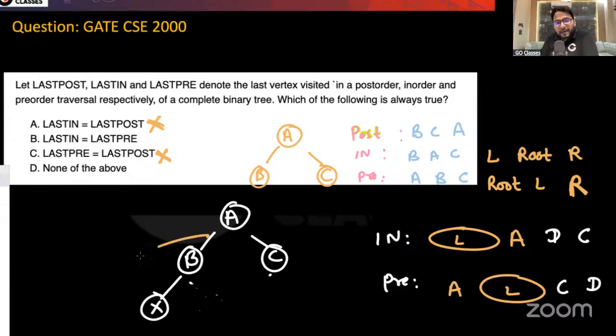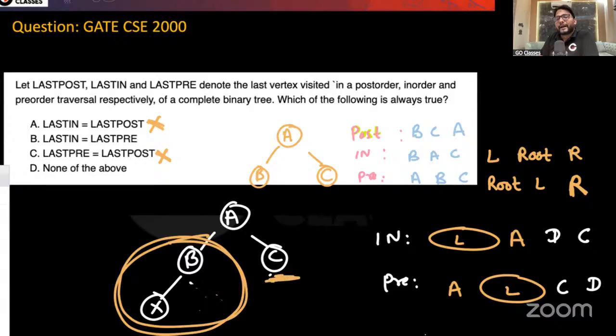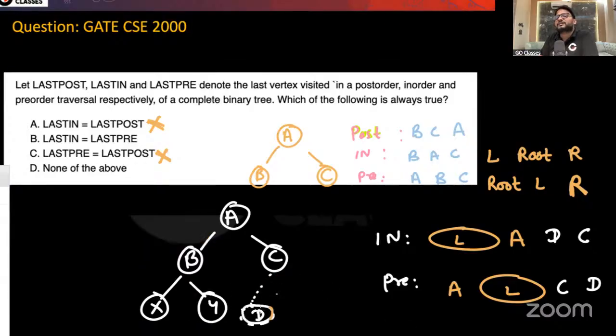Whatever I take on the left won't have an impact, because at the last it will be C. I have to take at least till this point. If I take just X, Y, it doesn't matter because C will dominate. So with this counter example you can say that here it is C and here it is D. That is why this is also not matching.